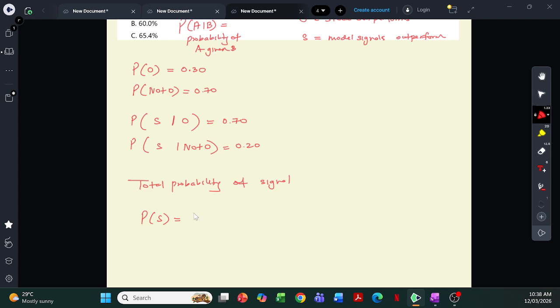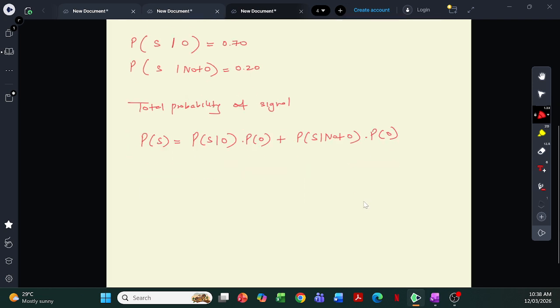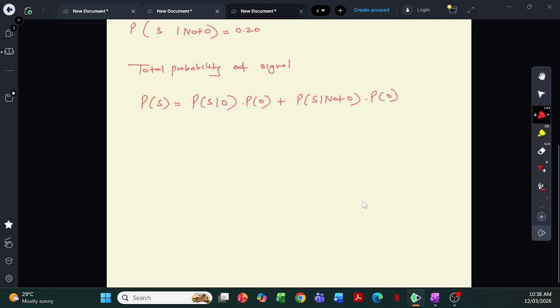Probability of signal is probability of signal given outperform multiplied by the probability of outperform, plus probability of signal given not O multiplied by probability of not O. Okay, this is the formula that we will be using.